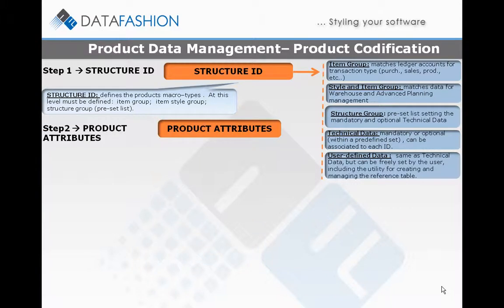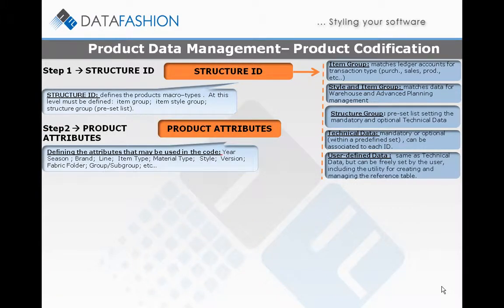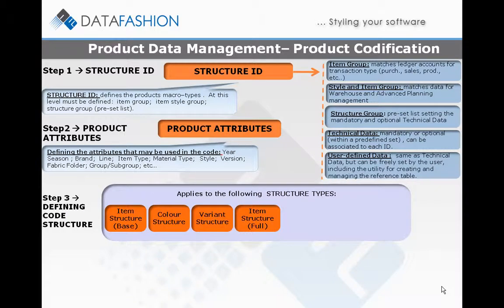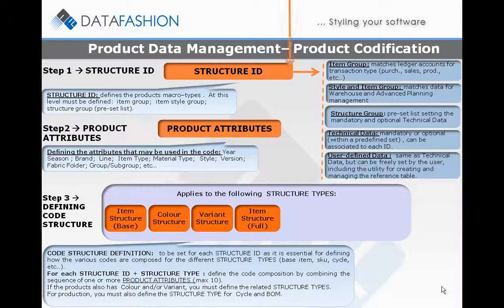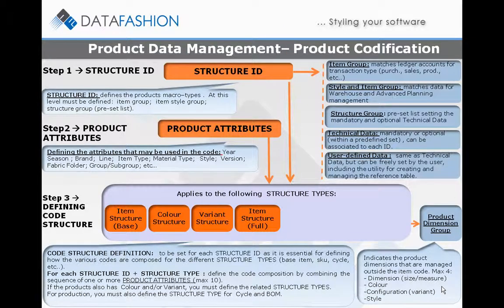Step 2, you define and codify the various attributes that you want to use in the codification process, such as year and season, line, item group and subgroup, material type, finishing, version, etc. Step 3, at last you define for each structure ID the associated structure definition, that is, which are the attributes that compose the code and which are the extensions that are managed, color, variant, sizes, etc. You must define the structure both for the item code composition and for the extensions, if any.